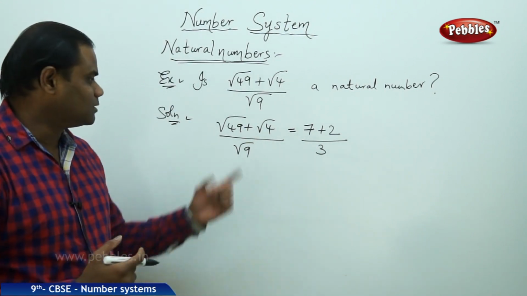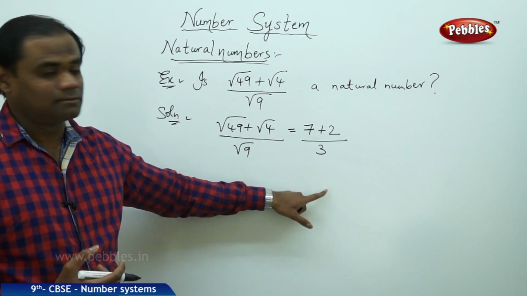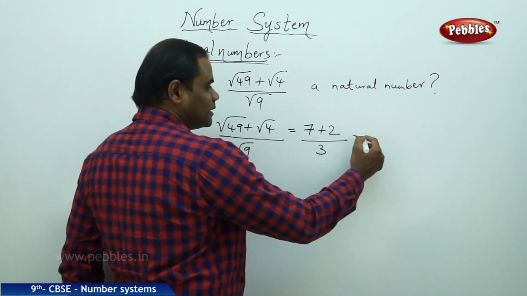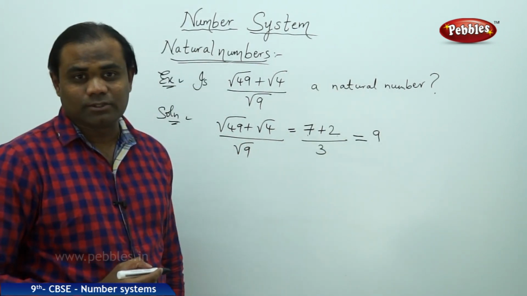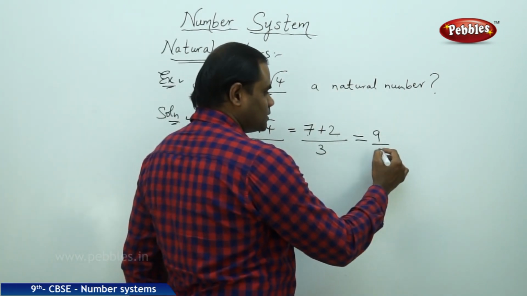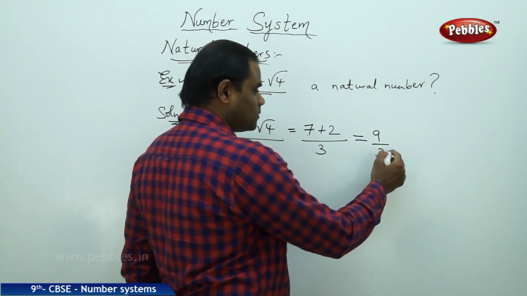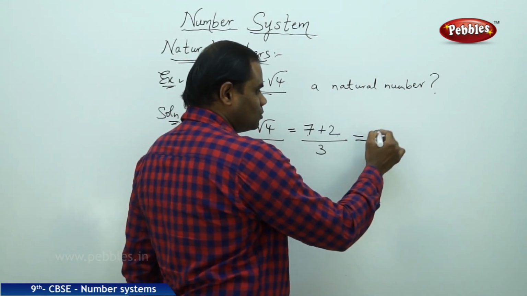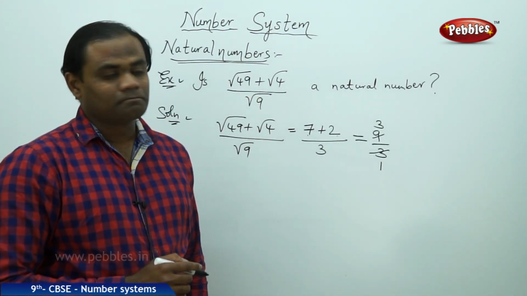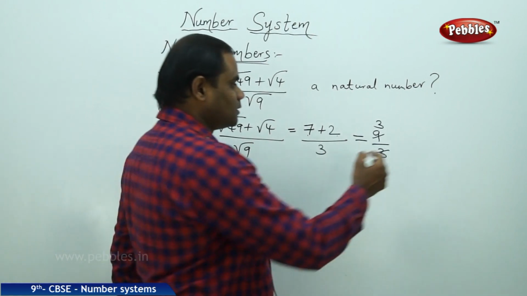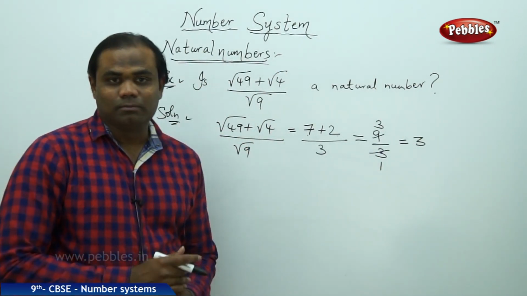I reduce them into the non-root form by using the perfect square number concept. Using this, I clearly understand that 7 plus 2 can be added to get 9, and the denominator is 3. This can be further simplified, as the denominator and numerator get cancelled: 3 times in the numerator, so 3 ones, 3 threes. My final answer is 3 for the given problem.